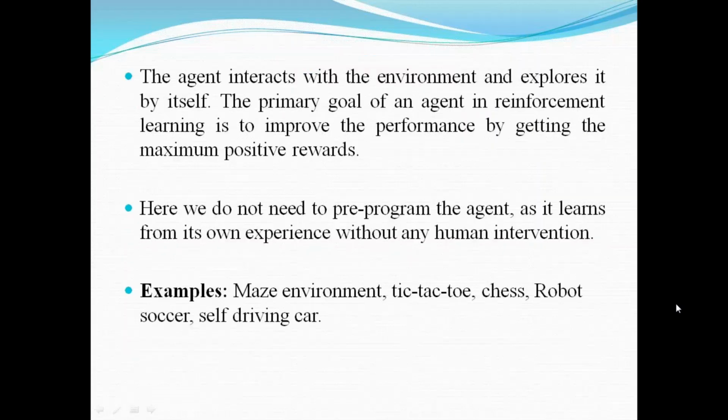Some basic examples of reinforcement learning are the maze environment, tic-tac-toe, chess, or some other gaming mechanism. Among complex examples are self-driving cars, the autonomous cars being developed now, which basically run without a driver. Such complex examples can also be found in reinforcement learning.